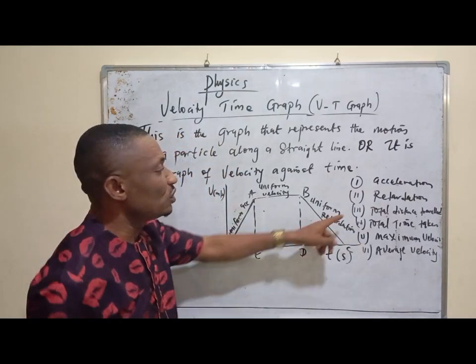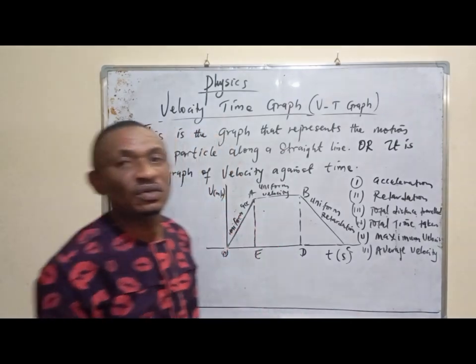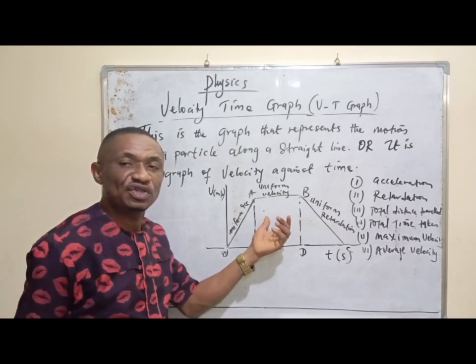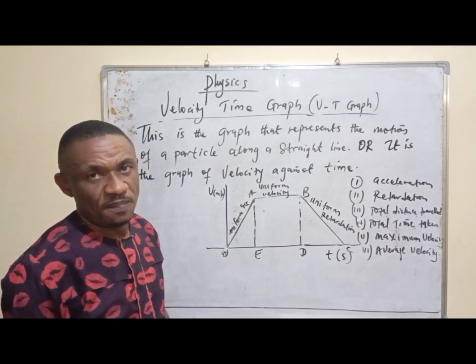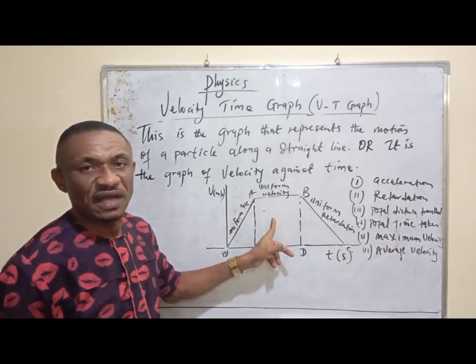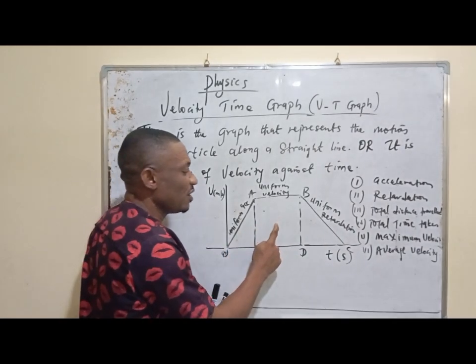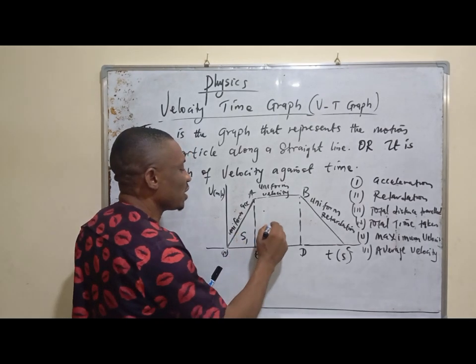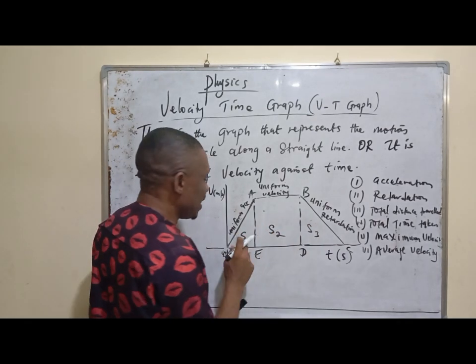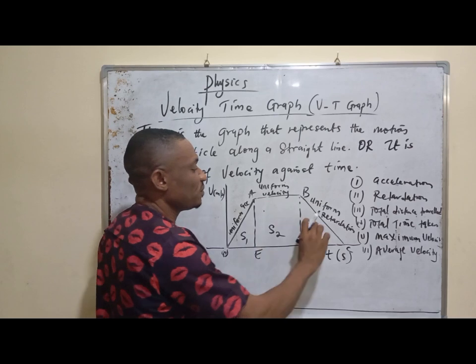Then the next thing is the total distance traveled. The total distance traveled depends on the nature of the graph. If it is this graph, the total distance traveled will be the area of this plus area of this. If I call these x1, x2, x3, it is area of this plus area of this plus area of this.